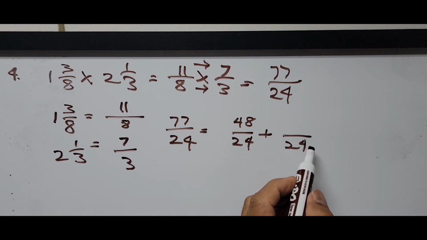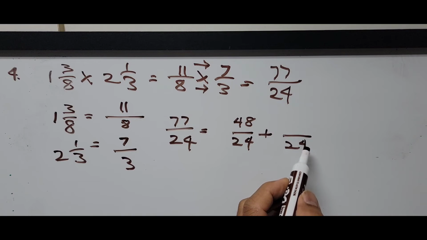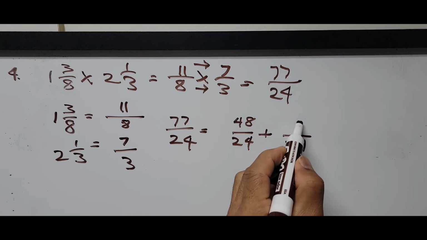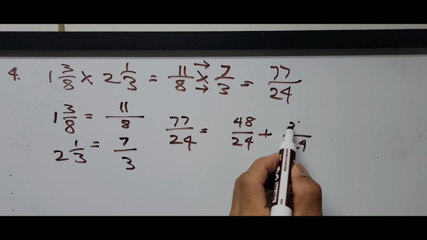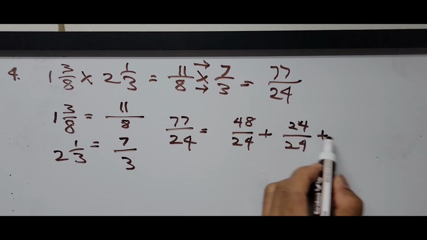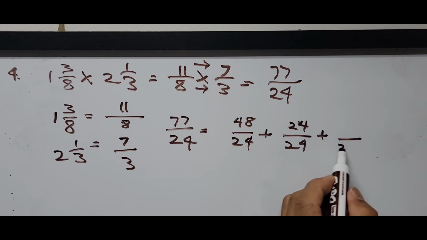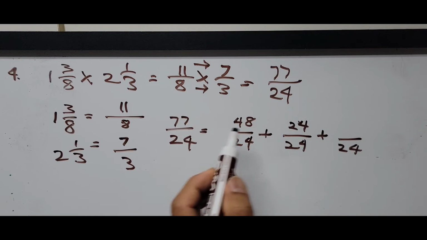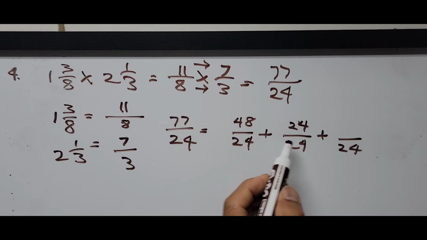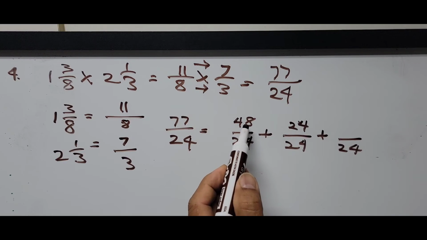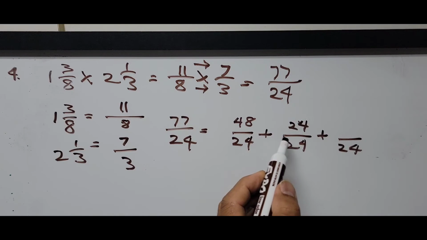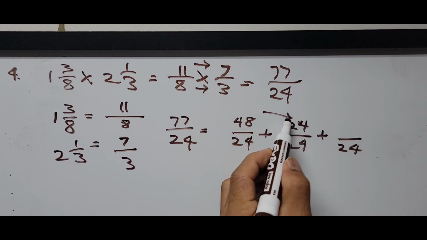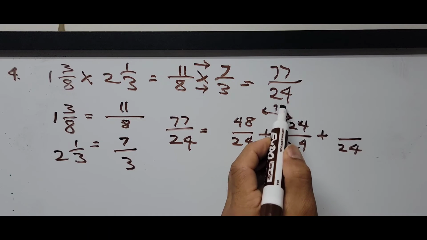So that's 29. How many 24s can you get out of 29? 1, right? So that's 24. Then plus, you still have the remainder. So you put down 24 again. What is left out of this 77 after subtracting all of this? So 24 plus 48, that is 72.